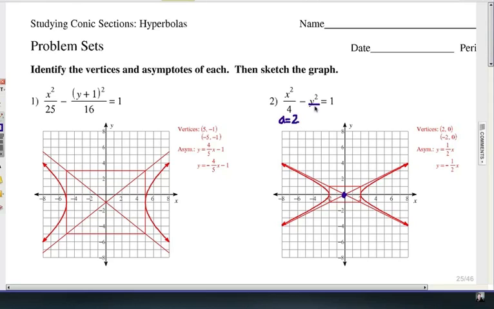And this is really y squared over 1, so that's why b is 1. If you don't see it, it's a 1. So we go 2 to the right and to the left, but 1 up and down. There's my rectangle. Draw the diagonals, those are the asymptotes, and as you can see we have the hyperbola curve going here and here, opening to the left and opening to the right. Very good.